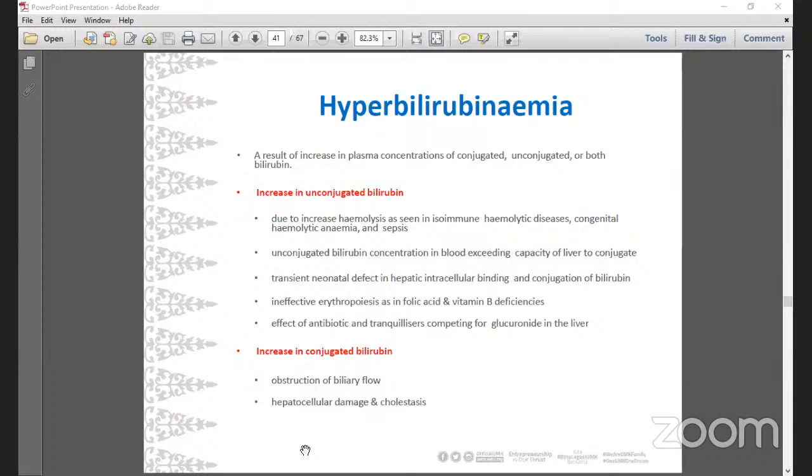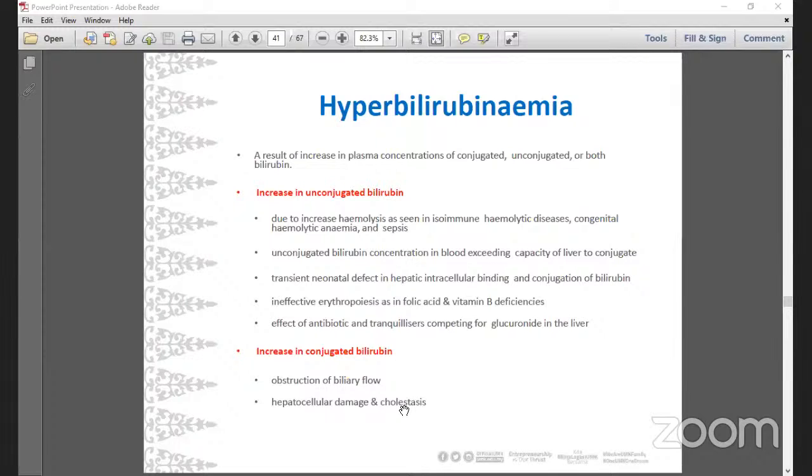The hemolysis could be due to parasitic infestation like Babesia species, Trypanosoma species, or due to isoimmune hemolytic and also hemolytic anemia. When there is hemolysis, there will be a lot of unconjugated bilirubin, so it will exceed the capacity of the liver to carry out the conjugation process.